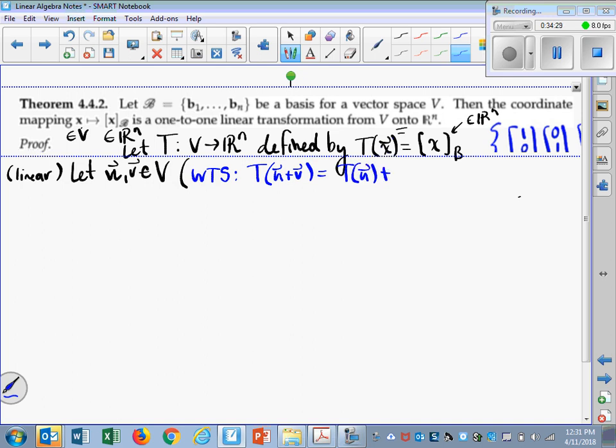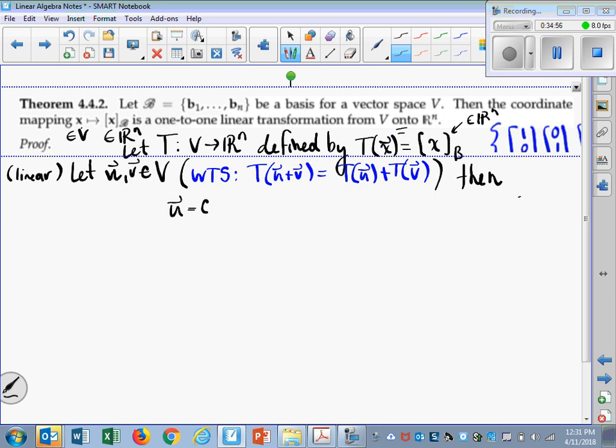So let's see what we can do. Well, if we know that u and v are both vectors in V, then we can write them in B coordinates. So u, I can write as c1 b1 plus dot dot dot all the way through cn bn.